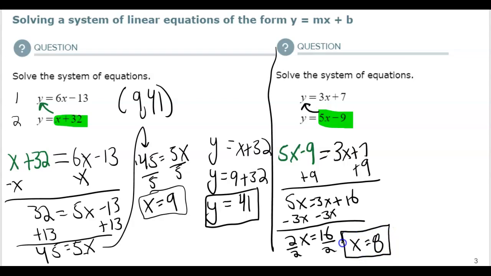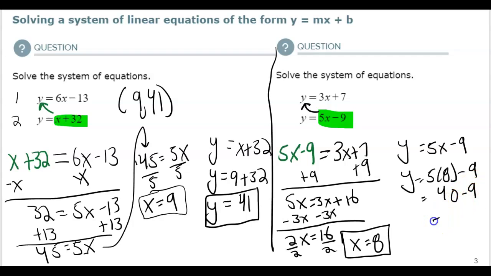So once I get x equals 8, I'm not done because I still need to put 8 where I see an x to solve for y. And then if I were to write that as a point, I'd have 8 comma 31.